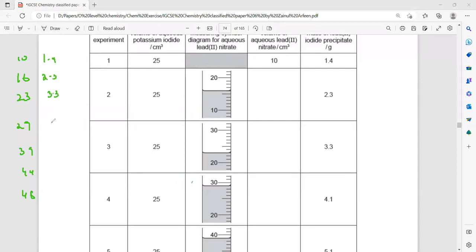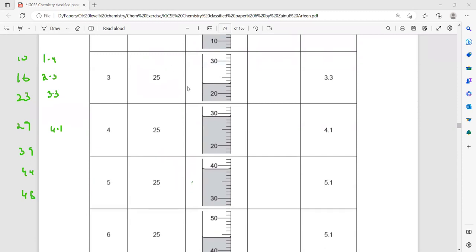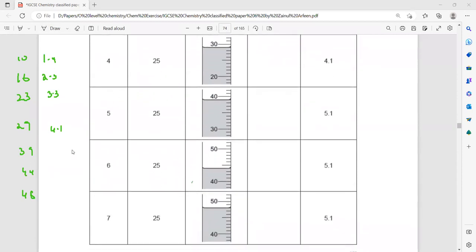I just want to cross-check. Three of them are 5.1.